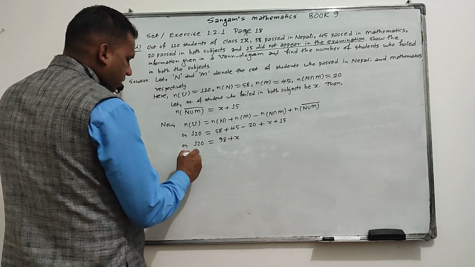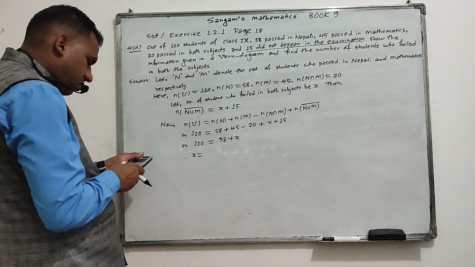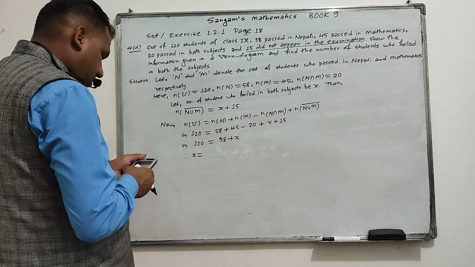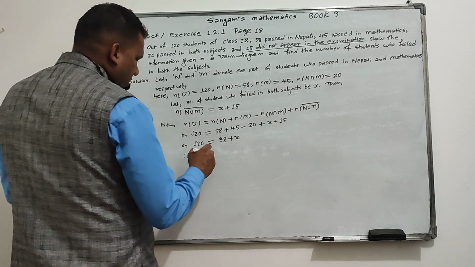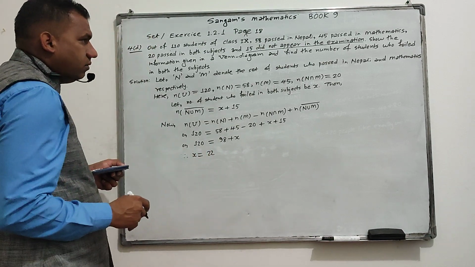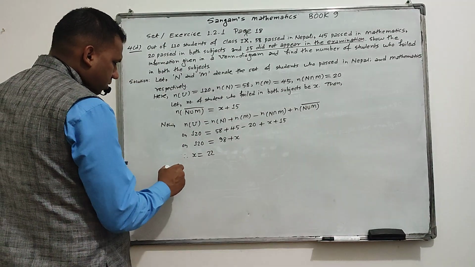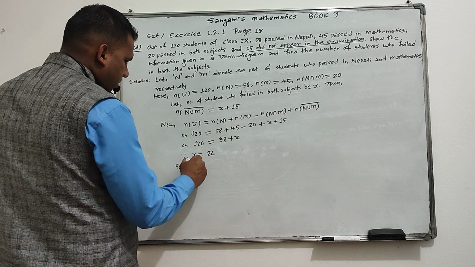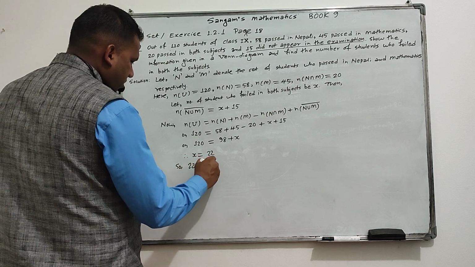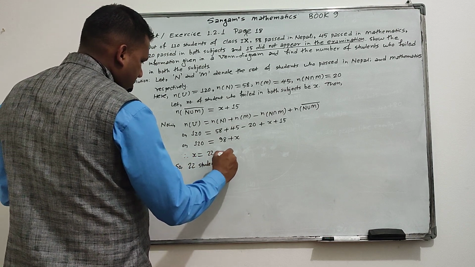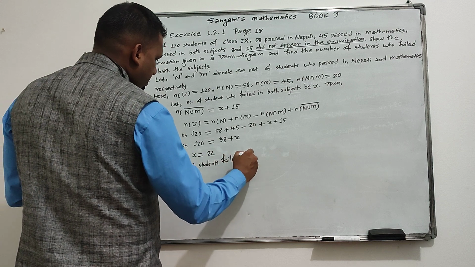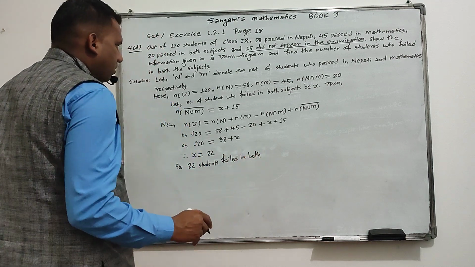Therefore, x equals 120 minus 98, that is 22. So 22 students failed in both the subjects.